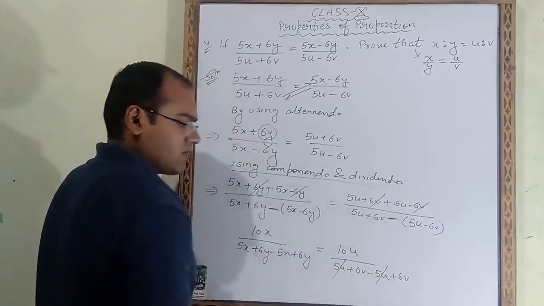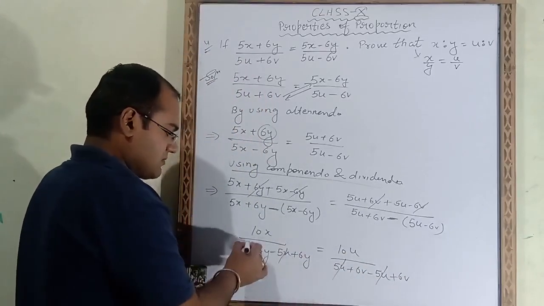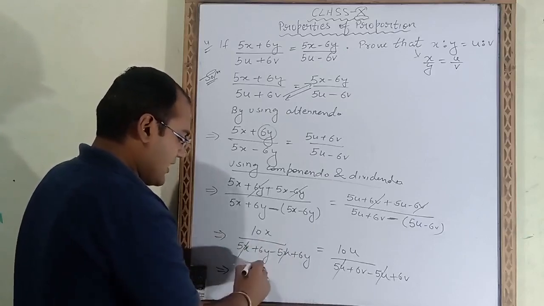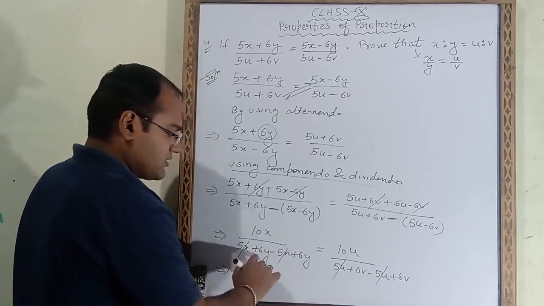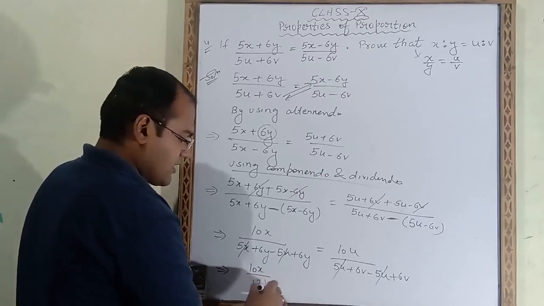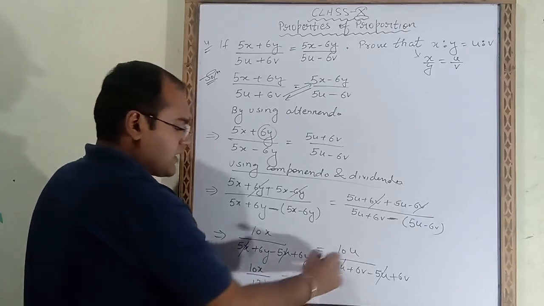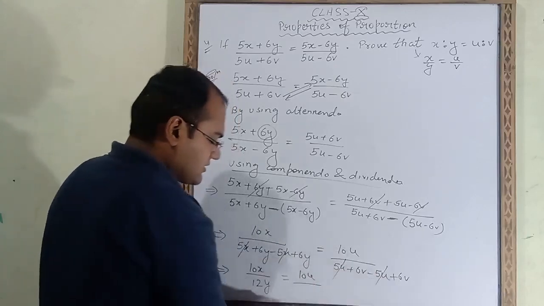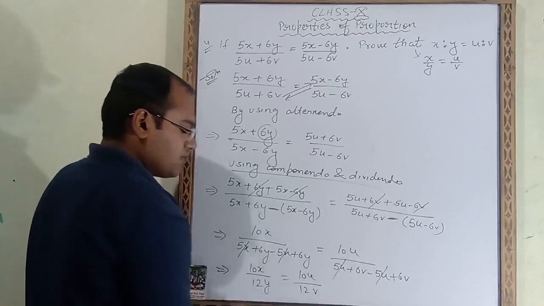Minus 5u plus 5u will get cancelled, minus 5x plus 5x will get cancelled. So in the next step we will get 10x upon 6y plus 6y will become 12y is equal to 10u upon 6v plus 6v will become 12v.